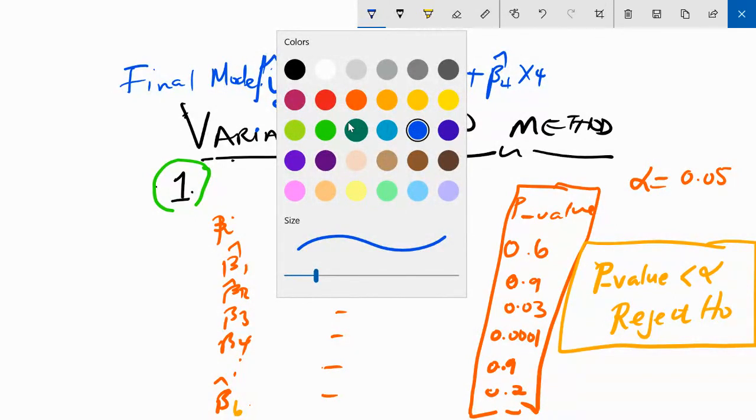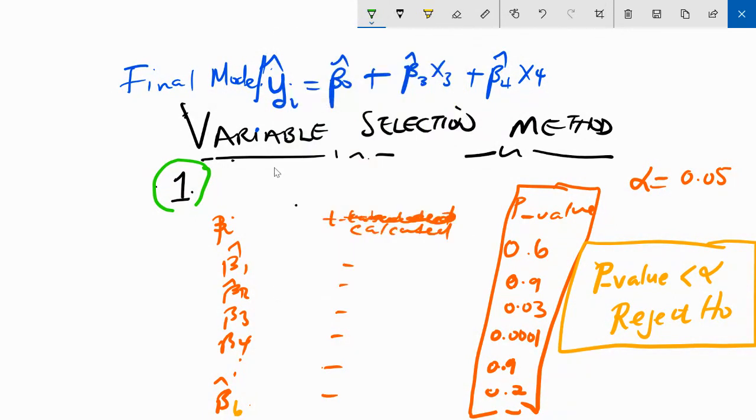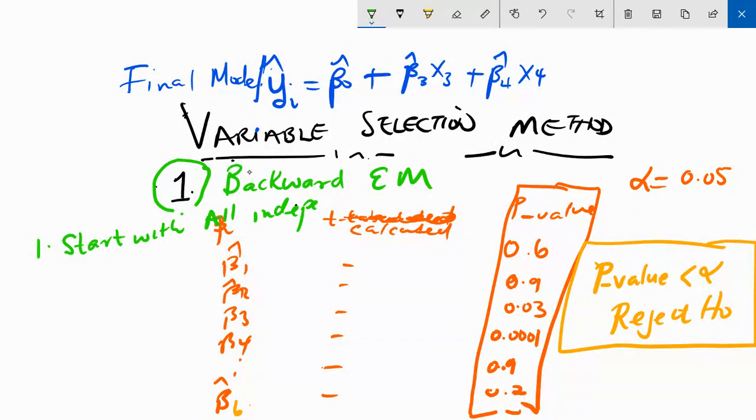So I will explain how this method works. This is the second method, the backward elimination method. The steps that we have to follow: the backward elimination method starts with all independent variables.